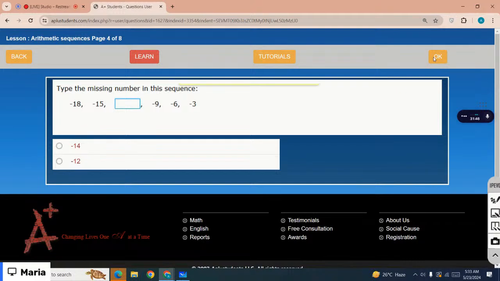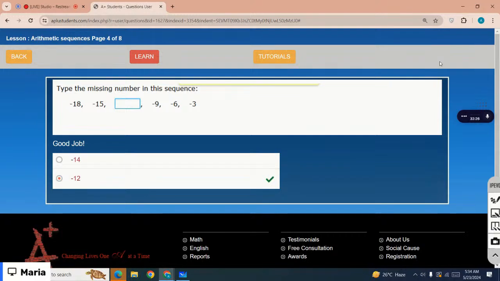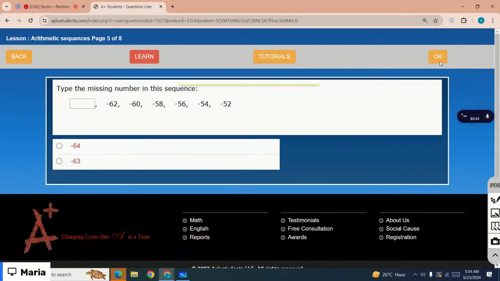Type the missing number in the sequence. So which number is missing? The correct option is negative 12. Type the missing number in the sequence.